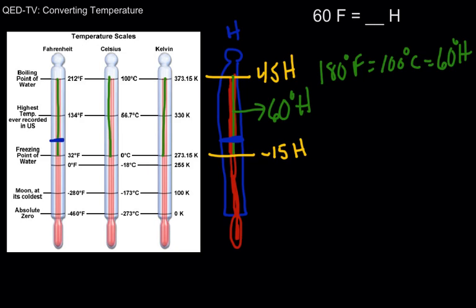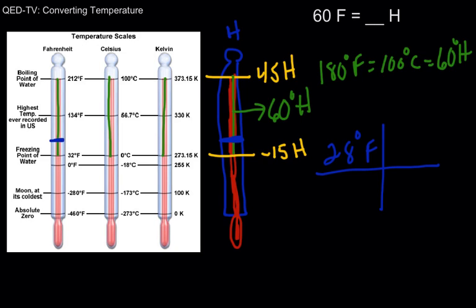I need to convert how far above or below one of my reference points that is. So if I go over here and I look at the Fahrenheit scale, 60 degrees Fahrenheit is above freezing, right? So how far above freezing? 60 minus 32 would be 28 degrees Fahrenheit above freezing. So that's what we're going to convert.